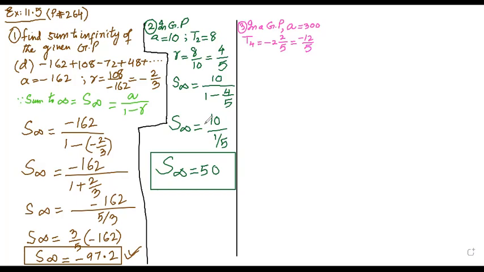So now we will use the condition, because this is the fourth term of a GP, that is why AR cube will be equal to minus 12 upon 5. So what is the value of A? That is 300. 300 R cube is equal to minus 12 upon 5.